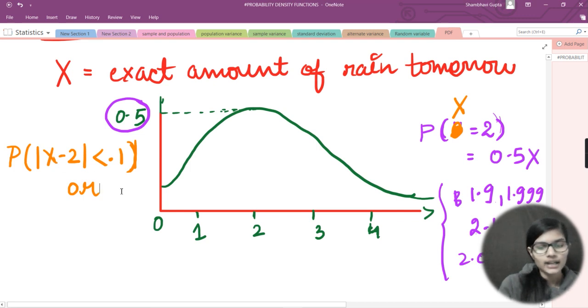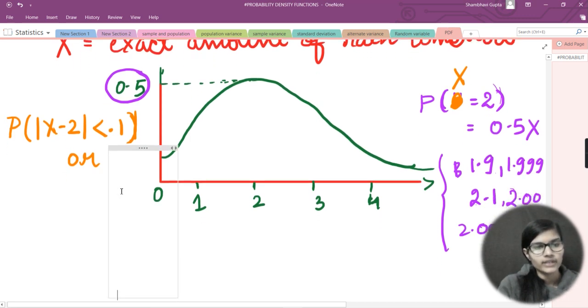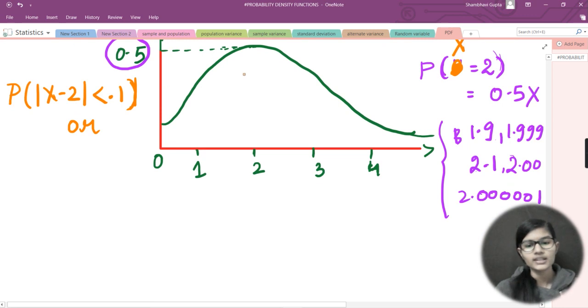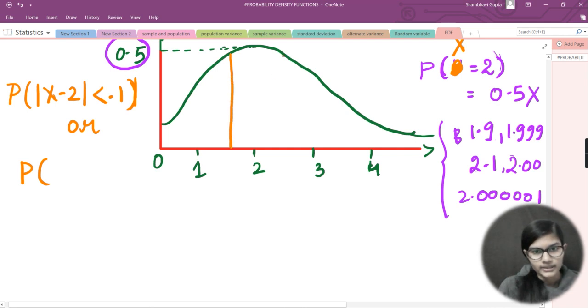Now the next thing is another way of writing it. Let's say I can write the probability for this x. Now what is this x? Just hold on, let me define that. I want to find this much area under my curve.